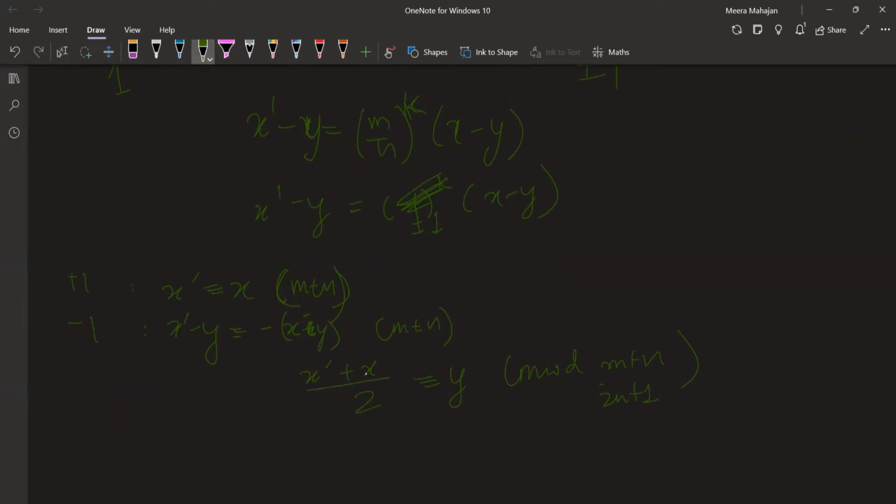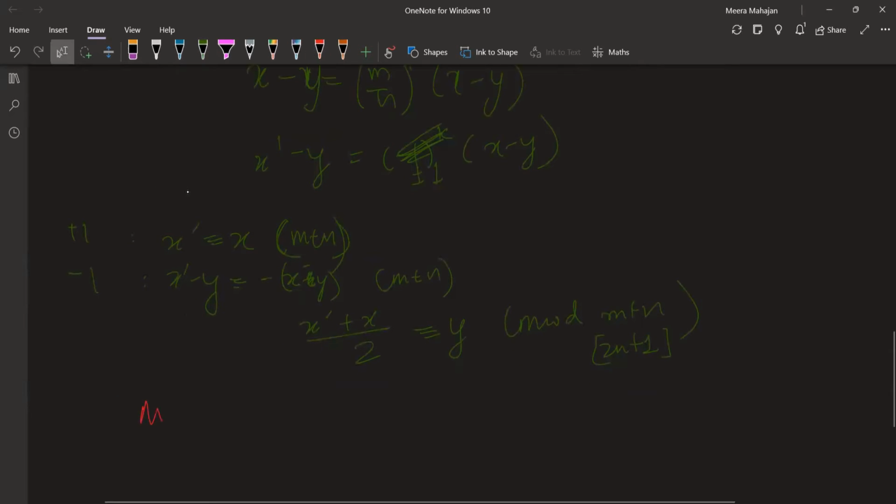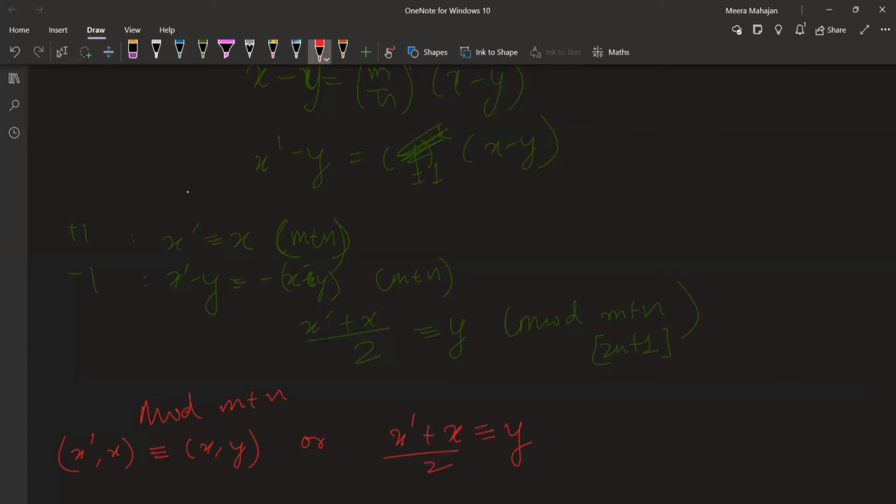M plus n is 2n plus 1. So now we have, after every move, modulo m plus n, x prime comma x is either x comma y or x prime plus x over 2 is y. And this is certainly useful.